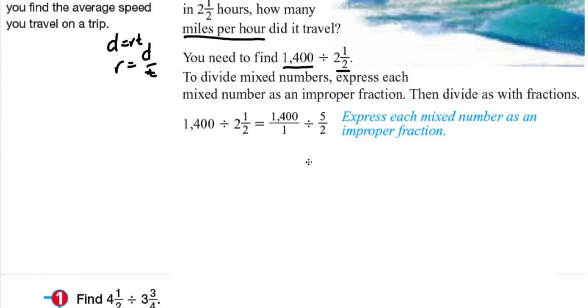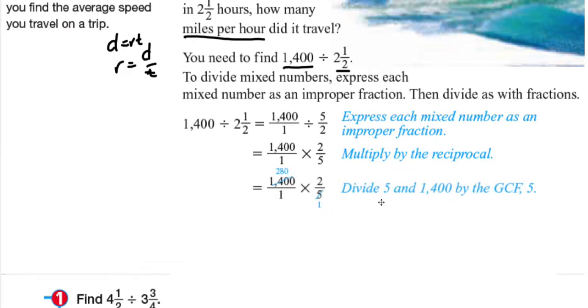According to what we learned in the last lesson, we multiply our dividend with the reciprocal of the divisor, which is 2/5, and then we get the GCF of 1,400 and 5, which is 5.